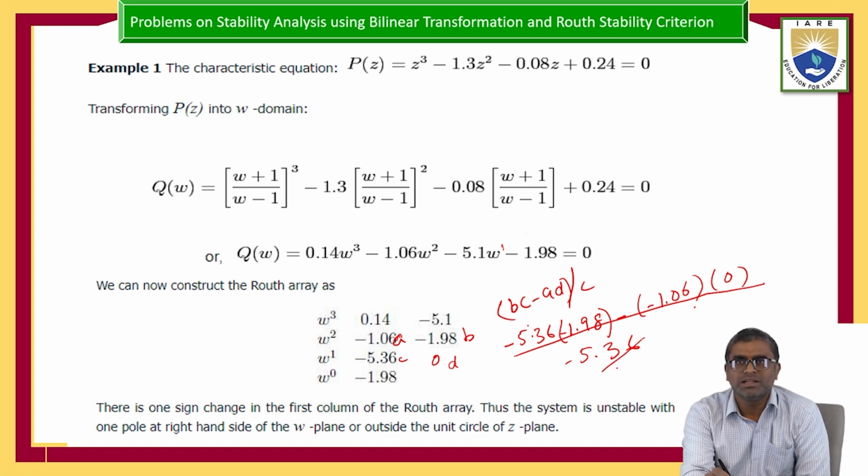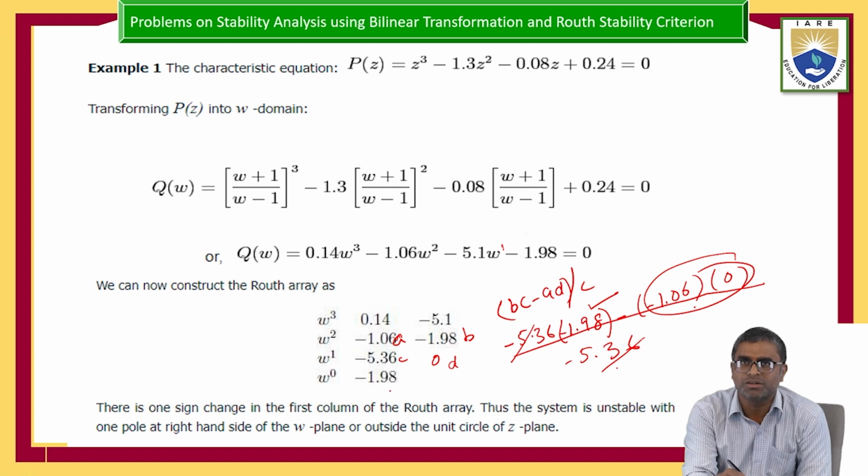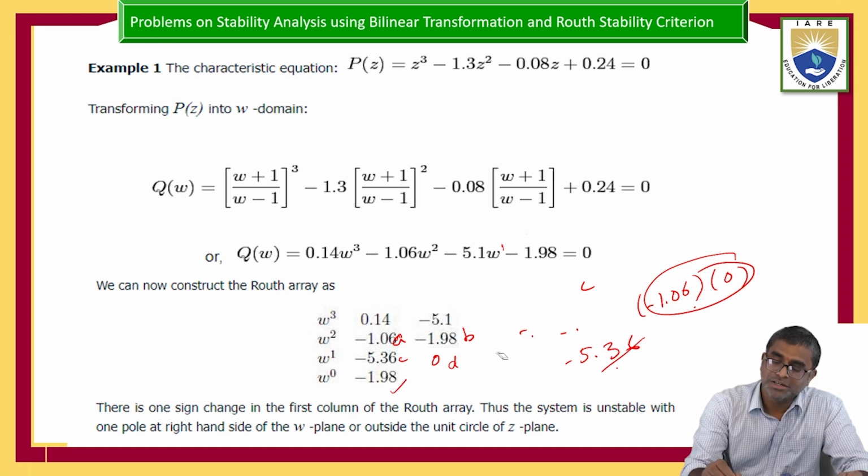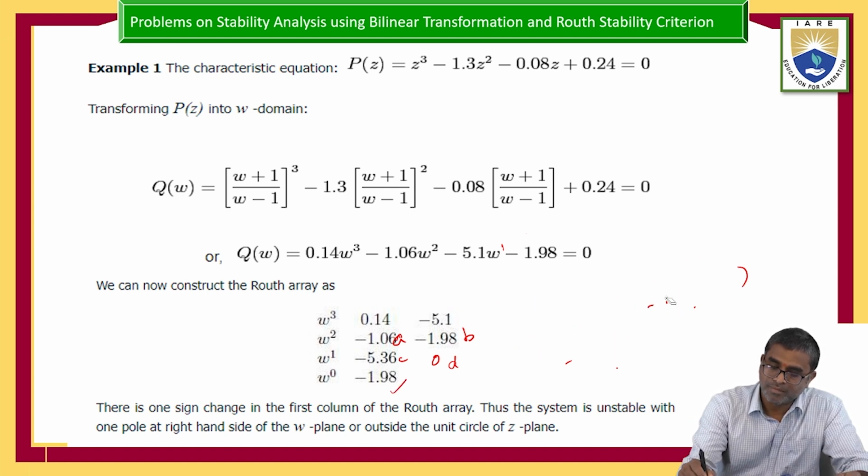So it cancels, the second term is 0, and the only remaining value is minus 1.98.